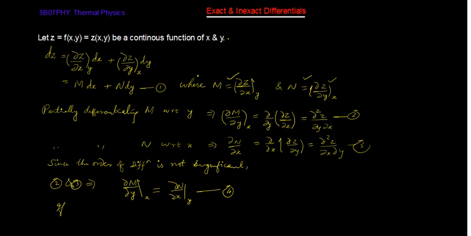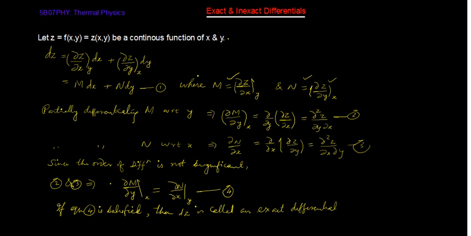If equation 4 is satisfied by any function z which is defined initially, then dz, just defined by equation number 1 above, is called an exact differential. That is the mathematical definition of an exact differential.